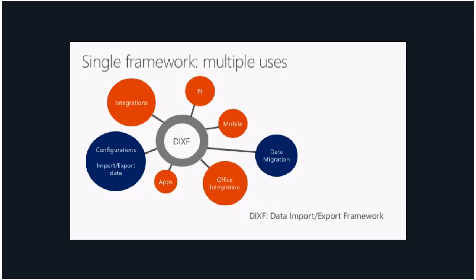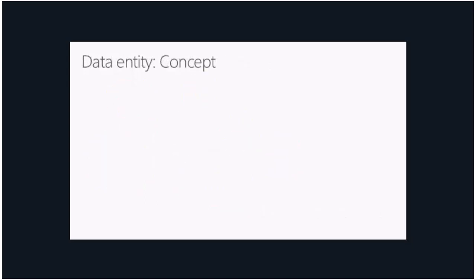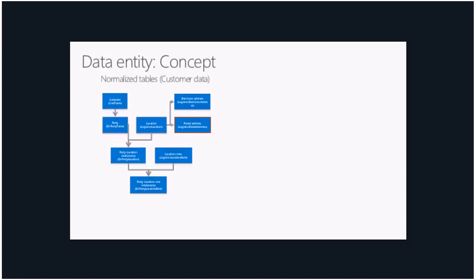Just to summarize, what is a data entity? I think at this point many people know already about this, but let me just give you a very high-level explanation of what it is. In AX 2012, for example, we used to handle data directly on the tables. We needed to understand the relationship between all the tables, and when we were setting up any part of the system, it was very important to make sure that we were populating the system in the right sequence, understanding the technical aspects of all this.